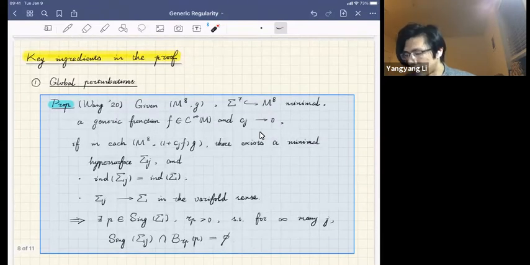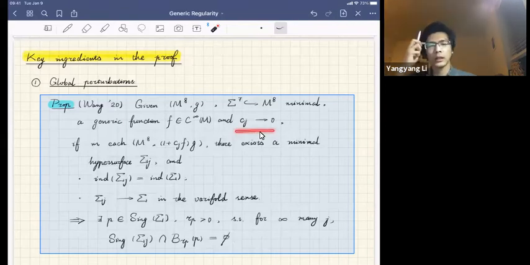He showed that inside an 8-dimensional Riemannian manifold, if we have a minimal hypersurface sigma, possibly with some singular set, and also a C infinity function f, and a sequence c_j tending to 0.